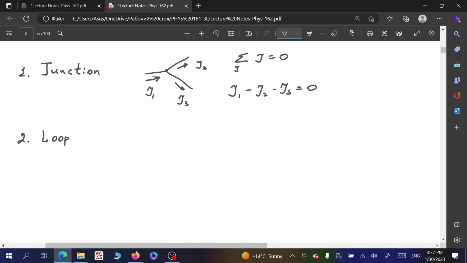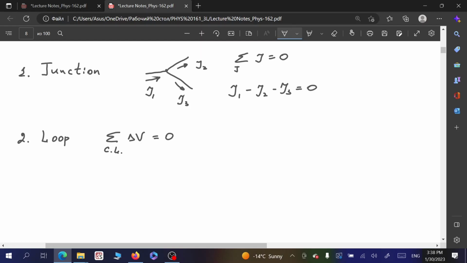And in terms of potential difference, we can say that for a closed loop, the potential difference is equal to 0. So we can formulate it as the sum for a closed loop of delta V is equal to 0. So where does it come from?